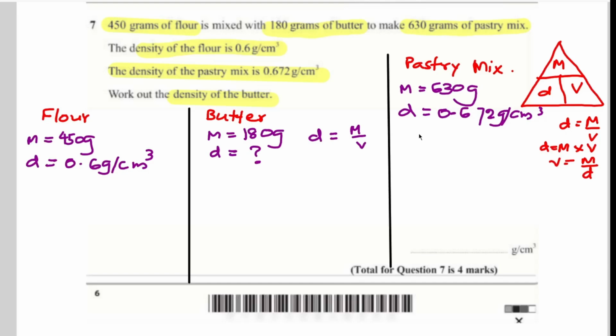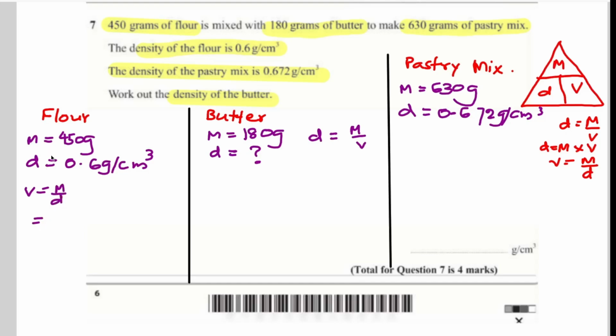So we have the volume of pastry mix, then we can get the volume of flour, then we can subtract. We have the total volume and the volume of the flour. From the total, if we subtract the volume of flour, the remaining volume is the volume of butter. So let's figure out the volume of flour first. Volume equals mass over density.